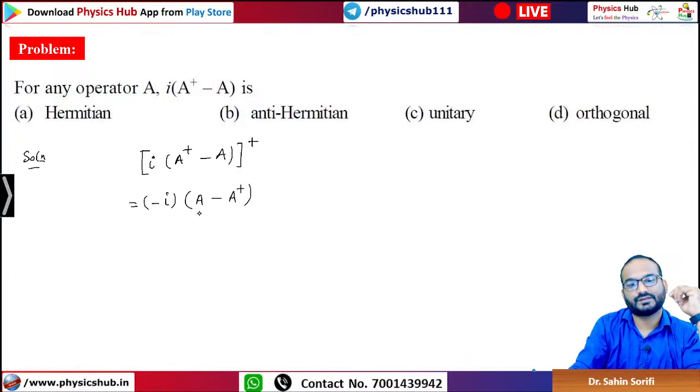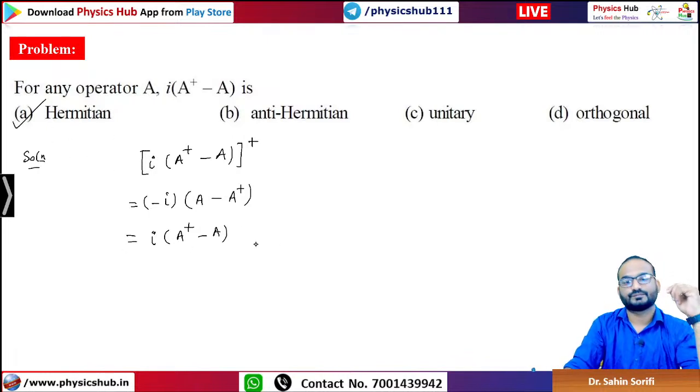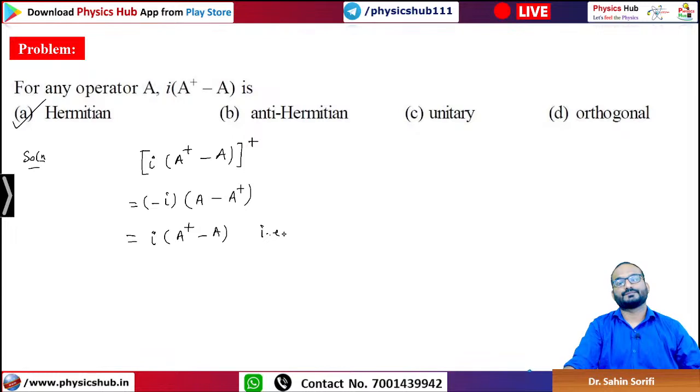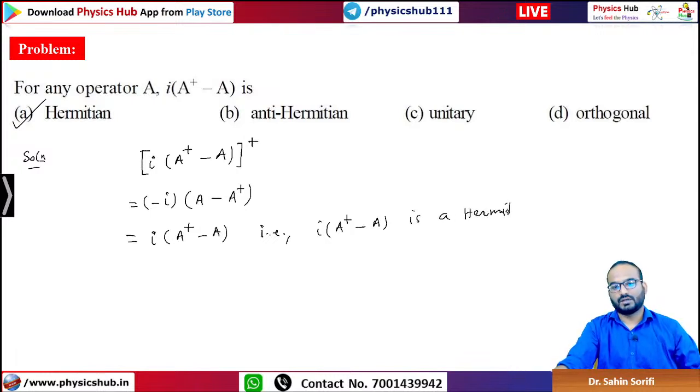If you consider I, then the negative sign is taken inside, giving A dagger minus A. So we get back the property of a Hermitian matrix, that I times A dagger minus A is a Hermitian matrix.